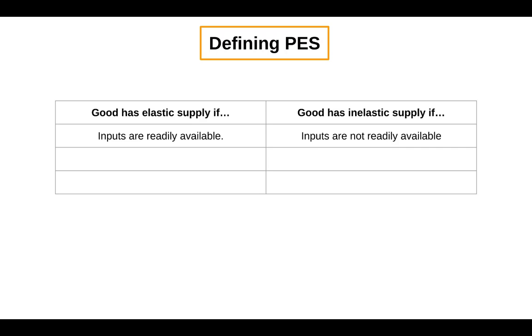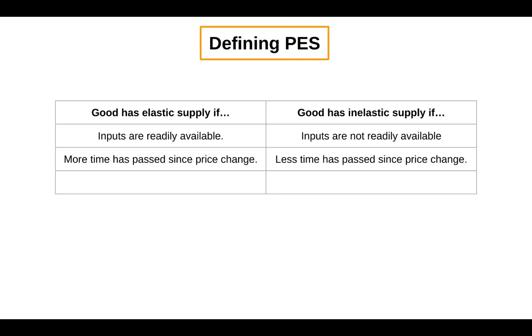Cookies are once again a great example, as we did with the PPC, where I can easily switch from making chocolate chip cookies to sugar cookies, right? So that would make the supply pretty elastic if I got a better price for one cookie over the other. Whereas if I'm producing rockets and suddenly someone comes in and says, hey, you're going to go make water bottles now, the supply is probably pretty inelastic for rockets, because it's not easy to take the parts needed for rockets and suddenly go make something as small as water bottles, right? Those are two very different goods or services.